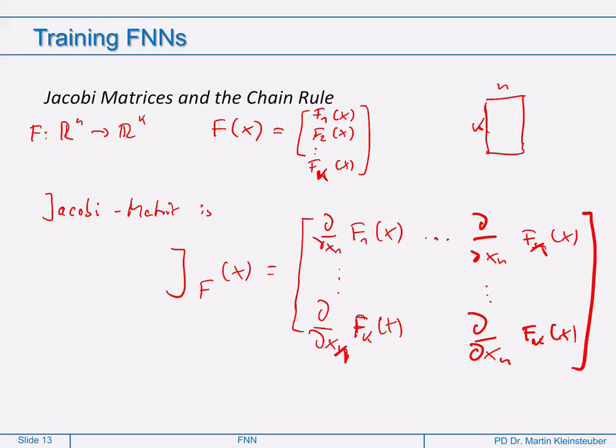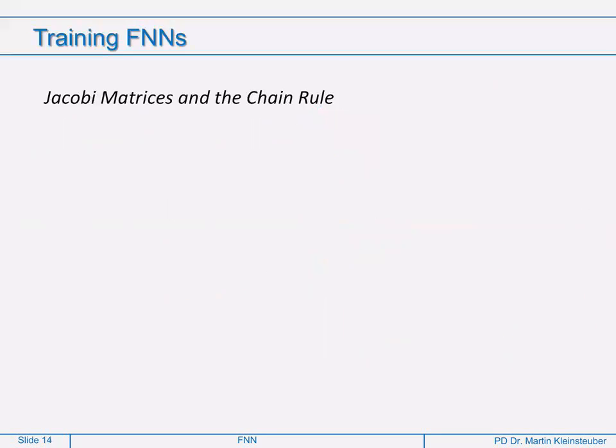Okay, so this is the Jacobi matrix, and we have the chain rule that tells us the following. We have a function g that goes from Rk to some Rl, and we have some function h that goes from Rl to some Rm.